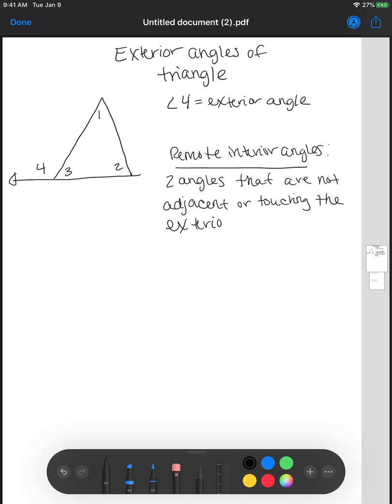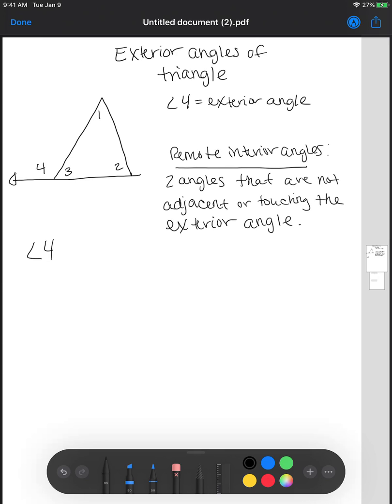I'm trying to write better. Okay, so remote interior angles: there's two angles that are not adjacent or touching the exterior angle. So we know that angle 4 is the exterior angle, right?